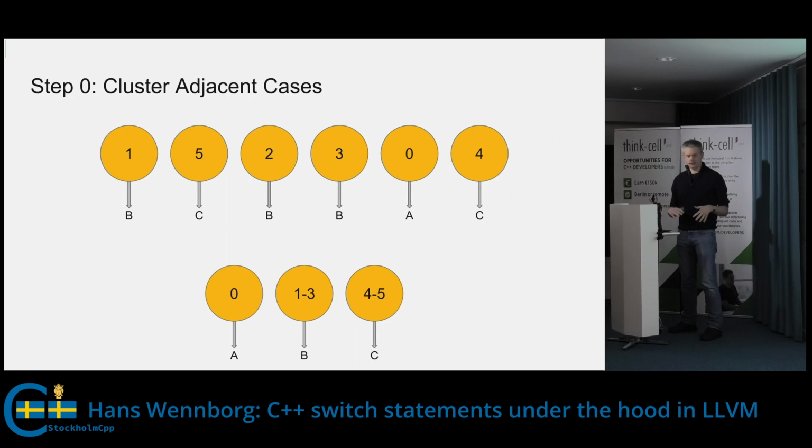So in this example, we have case 0 goes to A, cases 1, 2, and 3 all go to the B label, so we put them in a cluster, and cases 4 and 5 go to the C label, so they become one cluster. And LLVM will work with these clusters going forward rather than the individual cases. So that means we're efficient for ranges. It's not as bad as it looked in the beginning.